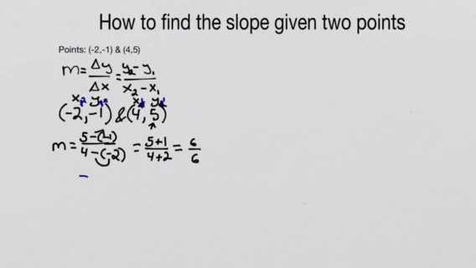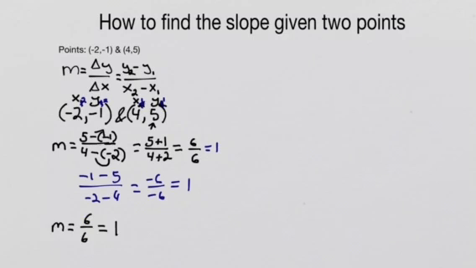So you would have -1 minus 5 and -2 minus 4. This would give us -6 over -6, which is then equal to 1, much as 6 over 6 is equal to 1. Okay, so we found our slope. It's 6 over 6, which is equal to 1.